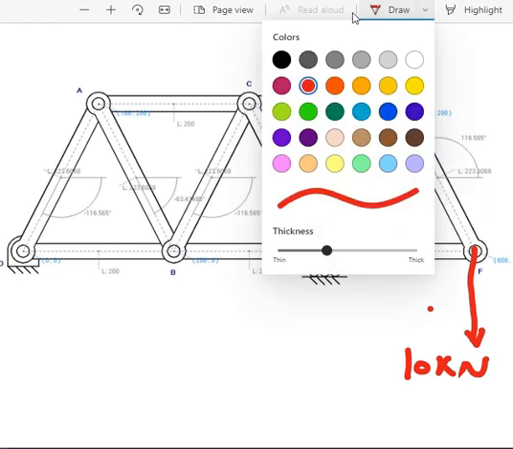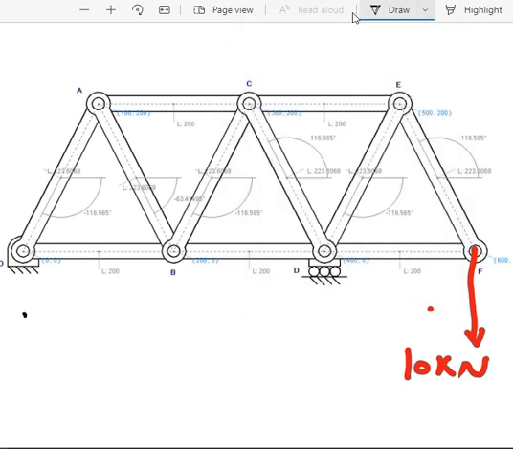Okay, so first we'll choose joint F and we will choose the joint method. We are going to solve this problem using the joint method.